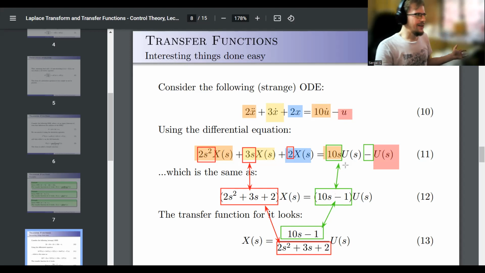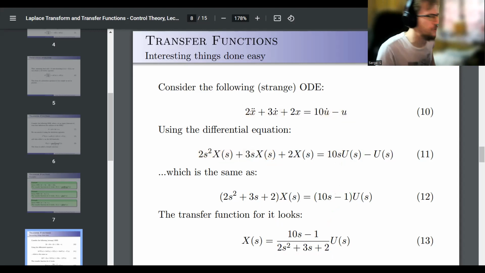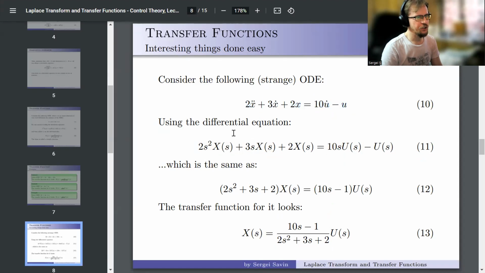It is so simple that I'm not even sure we need all those diagrams. Take this equation, replace dots with s: here s, here s squared, s, no s, no s. Replace small letters with capital letters. Isolate X on the left, U on the right.